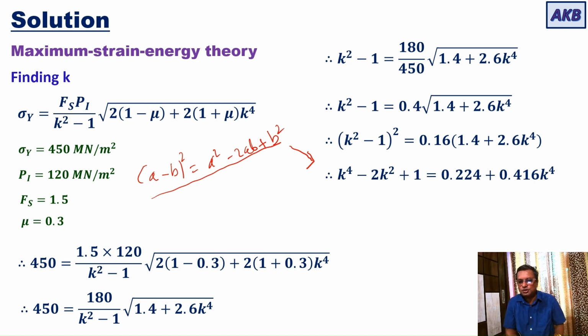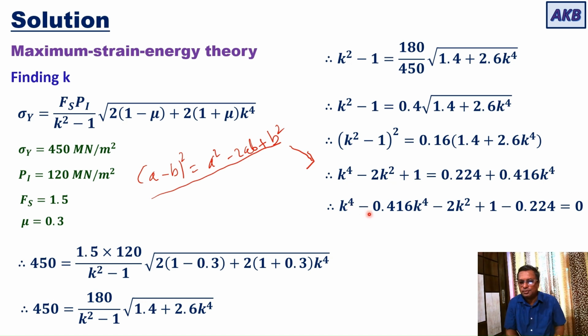So that will be k raised to 4 minus 2 into k square plus 1, that is equal to 0.16 into 1.4, which is 0.224, plus 0.16 into 2.6, which is 0.416 k raised to 4. In the next step, a little rearrangement is done. The k raised to 4 term is brought to this side.